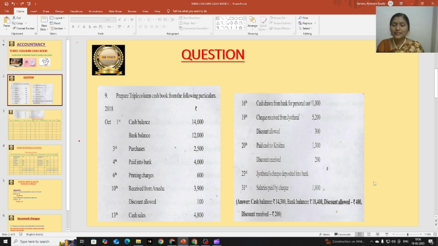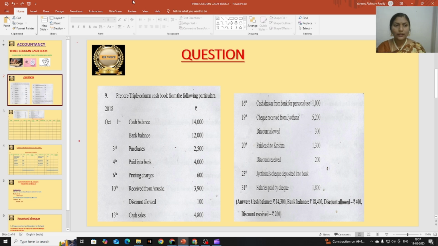If they are assets, then we should write them on the debit side. If any bank overdraft balance is given in the question on the opening day, that is a liability, and we should record it on the credit side. On the debit side we mention 'To balance brought down', and on the credit side we mention 'By balance brought down'. So this is about opening balances.